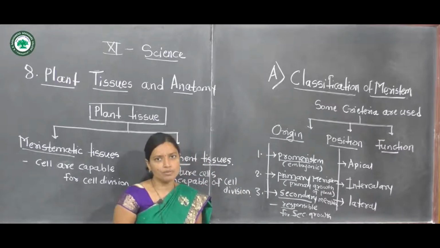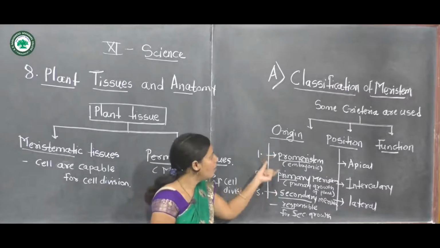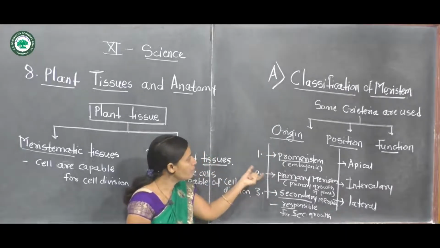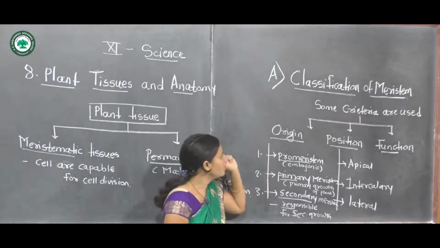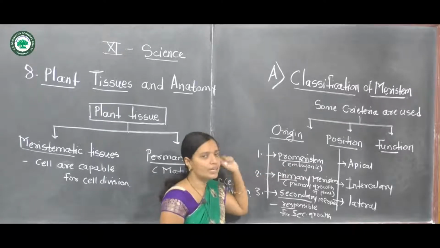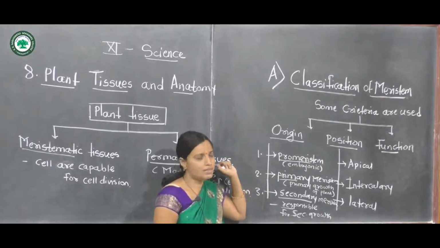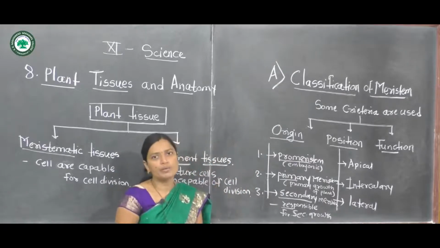So the meristem is classified by its origin because these cells divide. Firstly, this meristem is found in the embryonic region of the cell, and this type of meristem is called the promeristem.